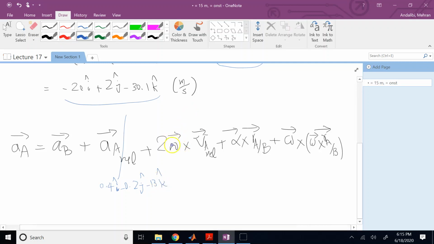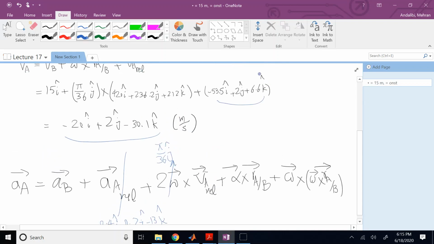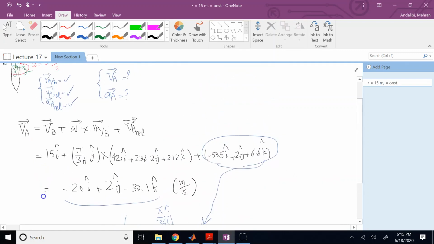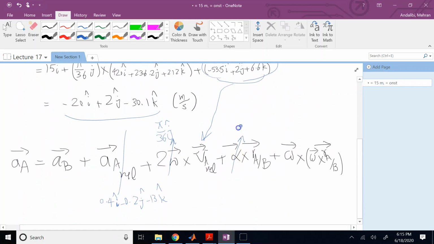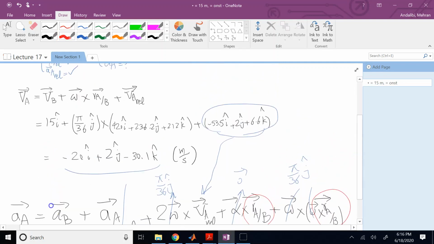We found that omega is pi over 36 j. VA relative, we have it. It's this guy here. Alpha is what? Since omega is constant, alpha is going to be what? 0, right? Because omega is constant. So this term is 0, so life is good. Omega we have, both of these guys are pi over 36 j, and then R of A with respect to B is also given. Okay, that was this vector here.